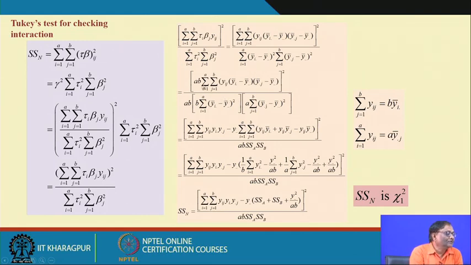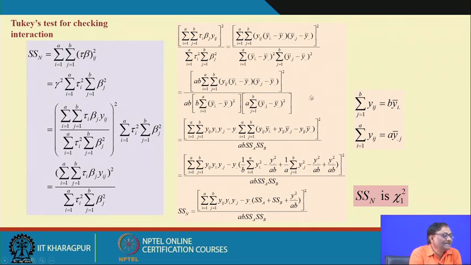Now, what we have done is we have multiplied the numerator by a square b square and the denominator also by a square b square. Then when a square b square goes inside the bracket where the square is, it becomes ab, and this ab we keep here, and the other two terms, one is attached with b and another one is attached with a, because we know that SSA and SSB are nothing but this is your SSA and this one is SSB.